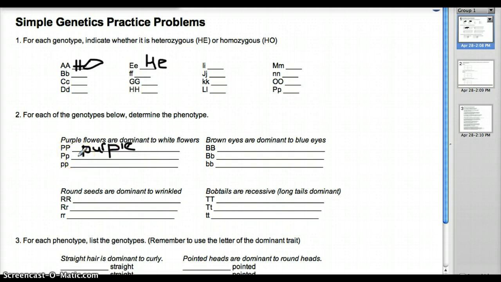Remember, if it's a dominant trait, all I have to have is one capital letter and I'm still going to get that trait. So that's also going to be purple. And then lastly, you see little p, little p. Well, that's both recessive alleles, so that's going to give you white flowers.